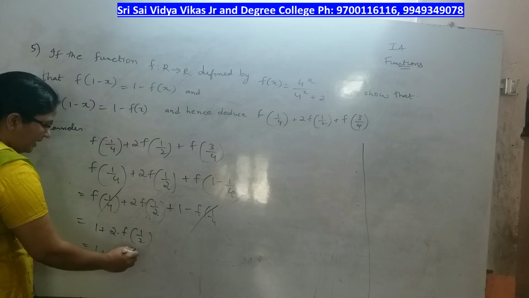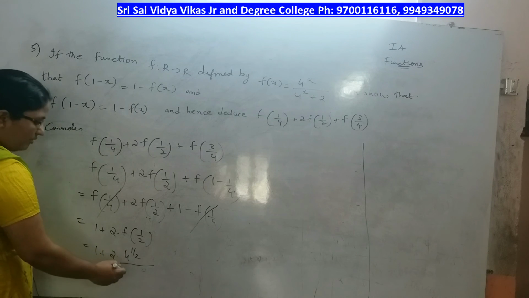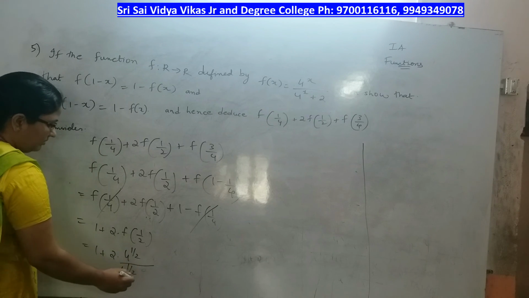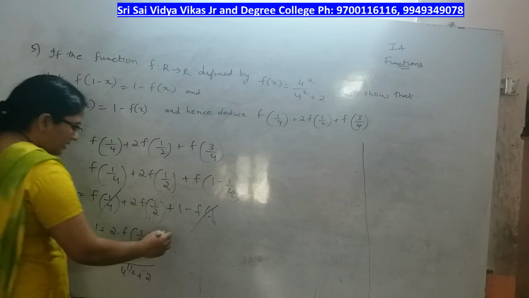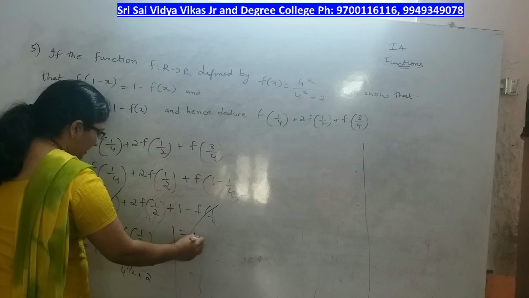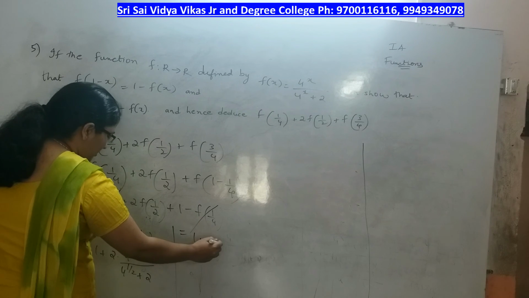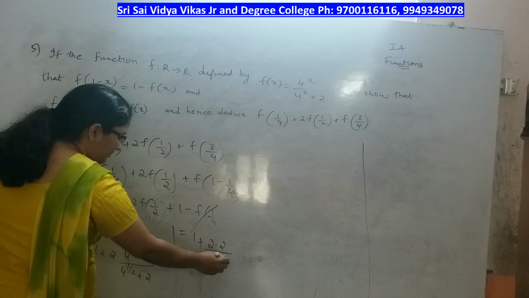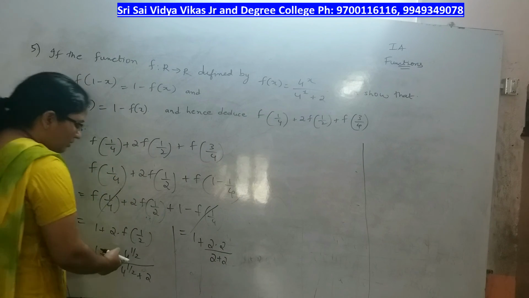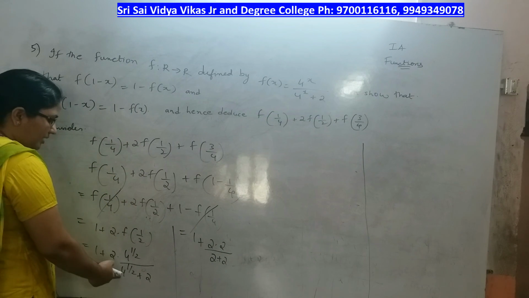4 power 1 by 2 by (4 power 1 by 2 plus 2). So that is nothing but 1 plus 2 into 2 by (2 plus 2). Root of 4 is 2 here.